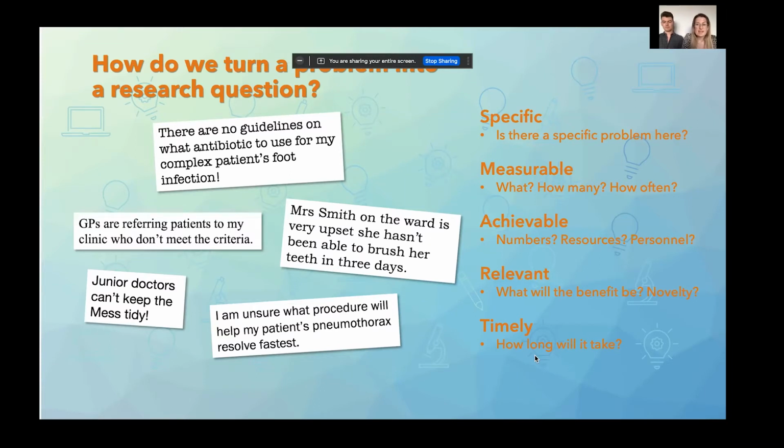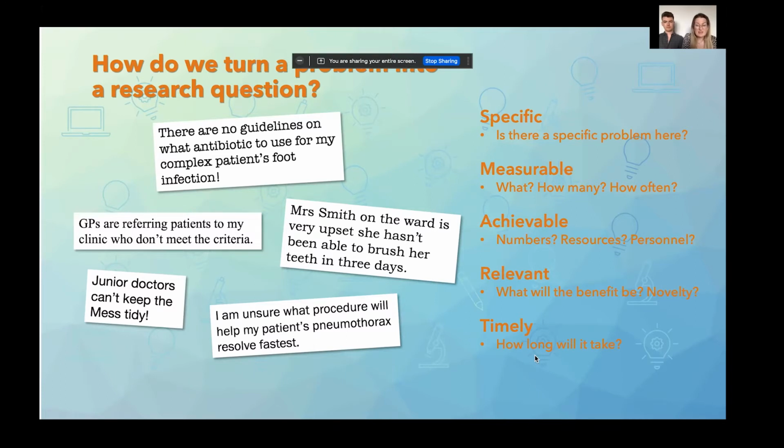The second thing is, is it measurable? So is there an outcome that is measurable that will give you the evidence you need? Is it achievable is also really important. So with the personnel you've got, with the resources you've got, quite often it's the money that you've got, is it achievable to do this project with this research question?